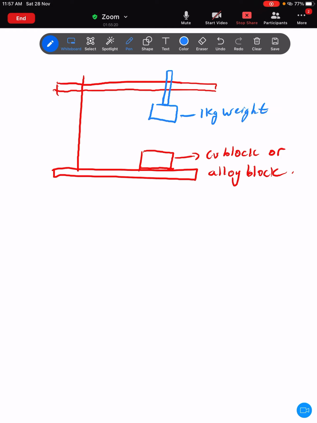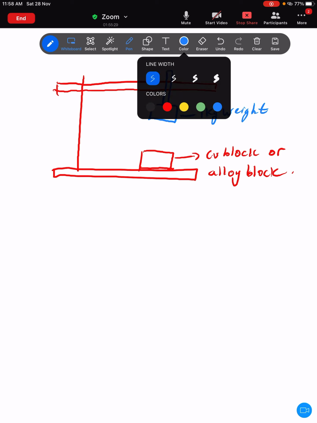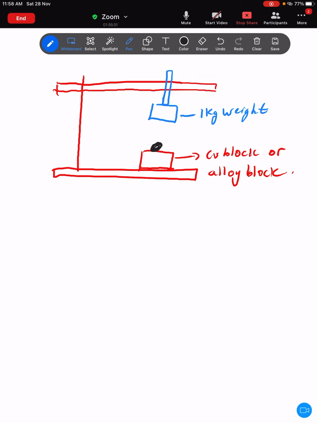Weight lah, pemberat lah. Okay, 1 kilogram and you're gonna put on the top of this block a steel ball. Okay, sebab steel kan keras.